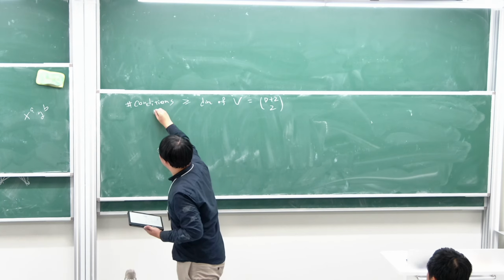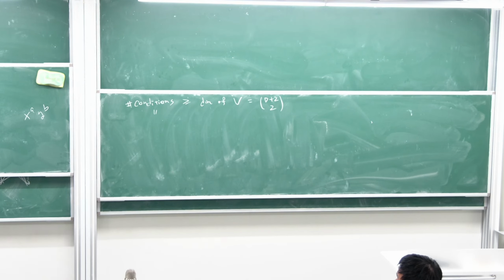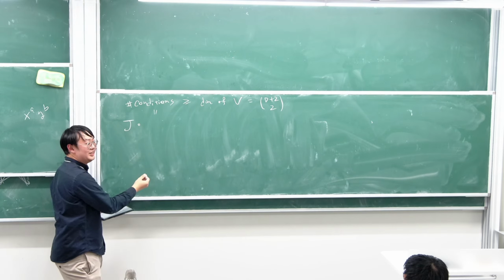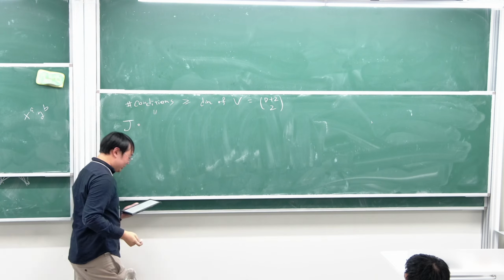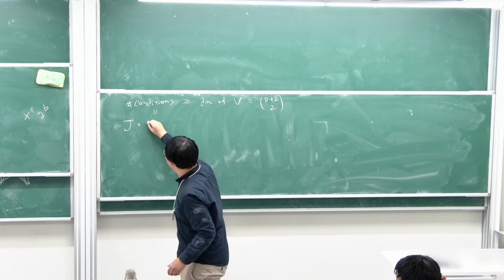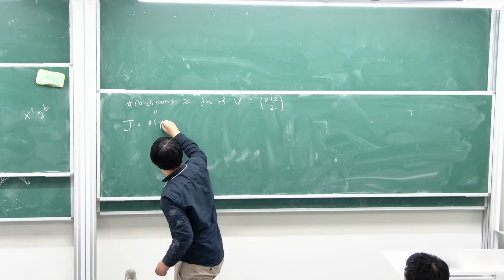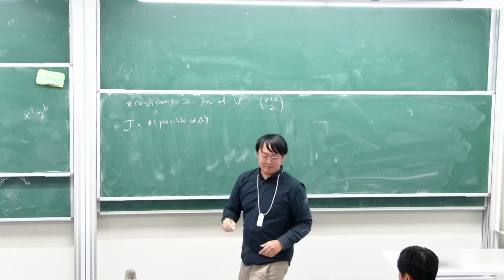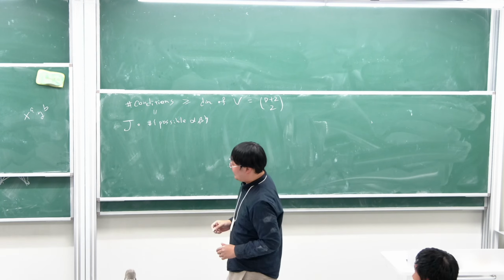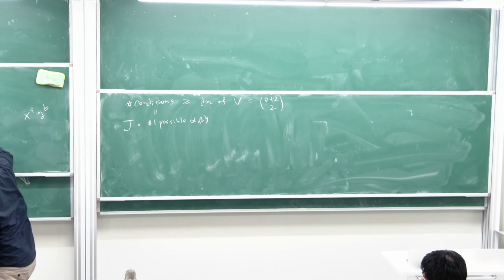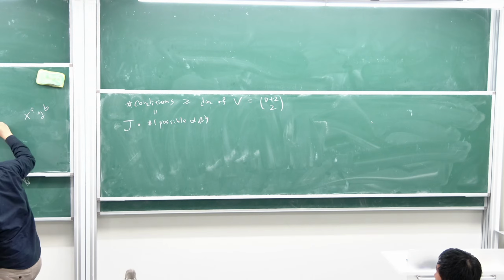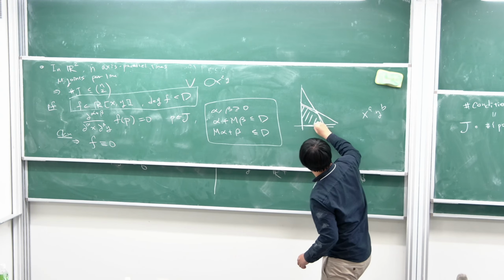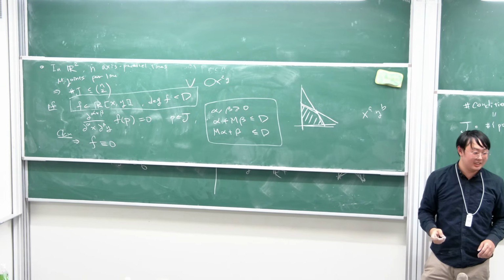On the left-hand side, since we are putting the same amount of linear equations at each point, you should expect something like the number of joints, I'll just write j, times the number of possible alpha and beta. If you look at these three inequalities, they look like this. So you are actually counting the number of integral points in this region.